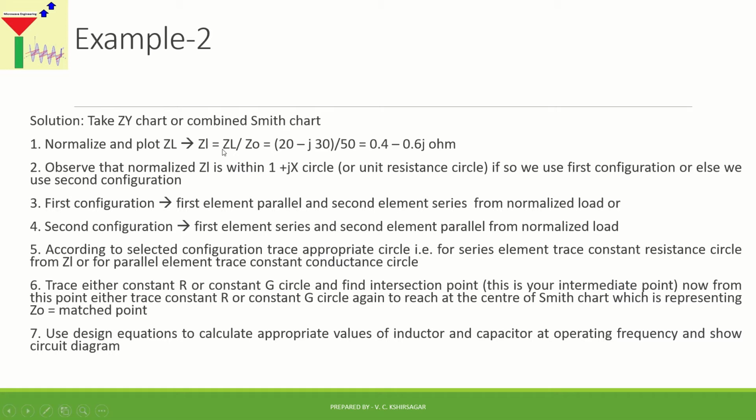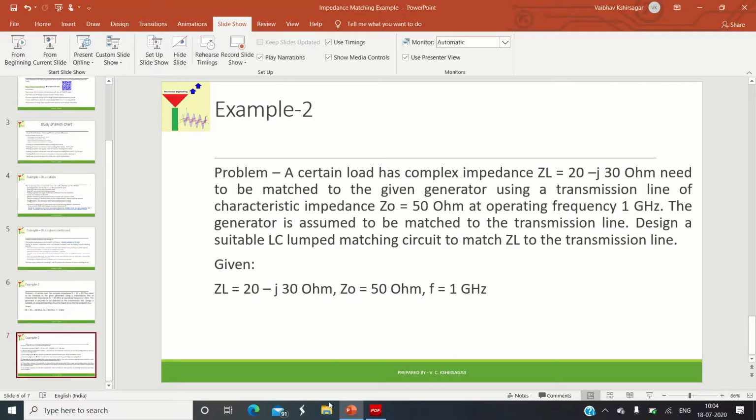Normalizing means we divide the given complex load impedance by the characteristic impedance of the transmission line, and then we get a real part and an imaginary part. Then we locate the real part as a resistance circle and the imaginary part as an arc, and at the intersection of these two we plot the point. It is already known to you how to do this, so let us go ahead.